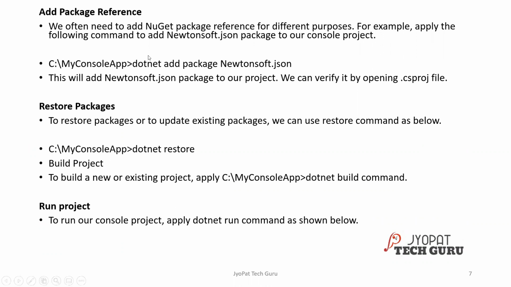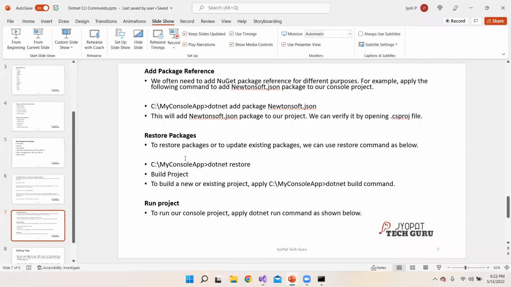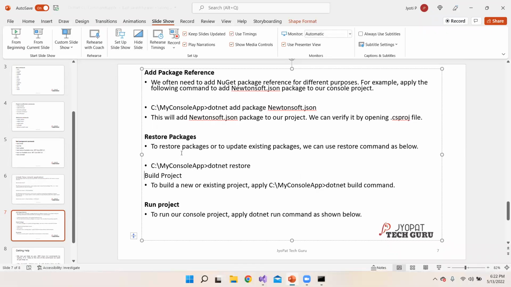You can always issue dotnet add package and the package name, the same way you choose options for NuGet packages. To restore or update existing packages, run dotnet restore within that application so that the packages get restored.